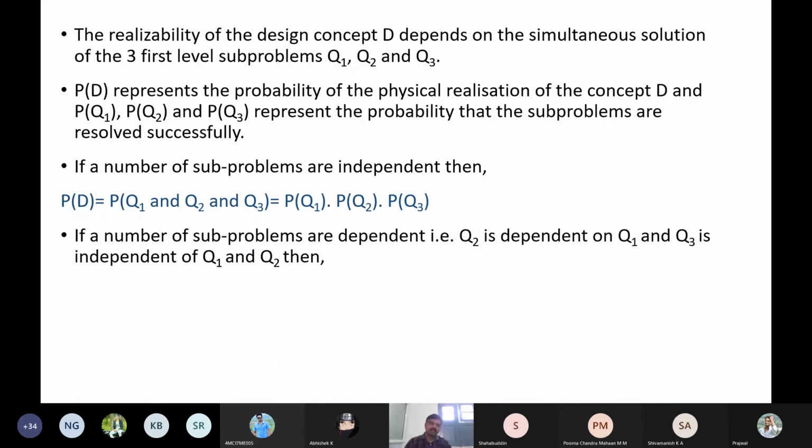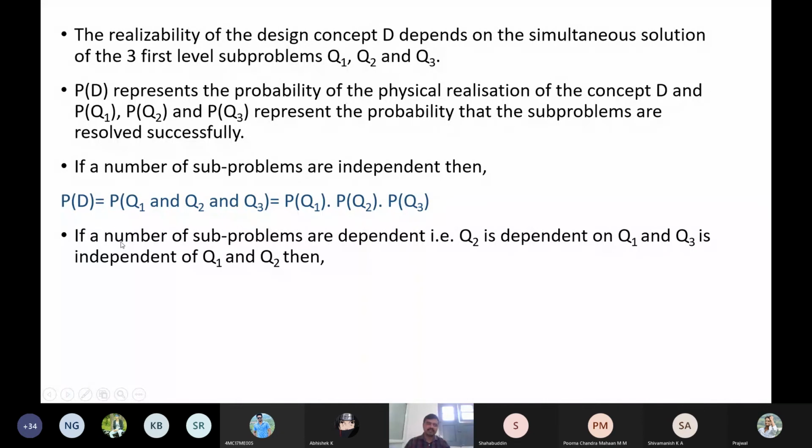Okay, next for dependent subproblems. So that dependency must be defined. In case of numerical problems, the dependency will be defined in the problem itself. Suppose if you are designing for a new problem or your own problem, then as a designer you should know mutual dependency of these subproblems.